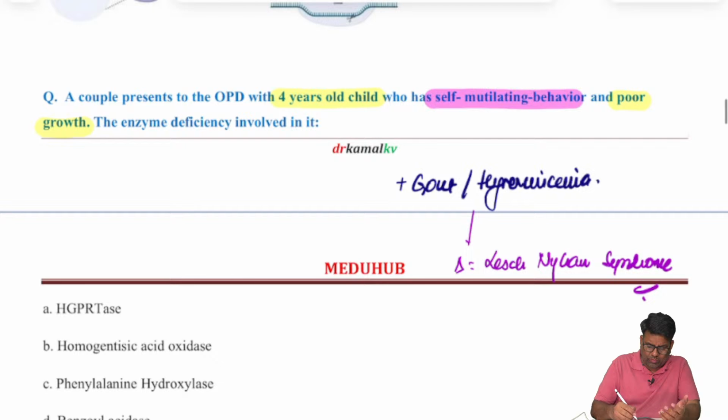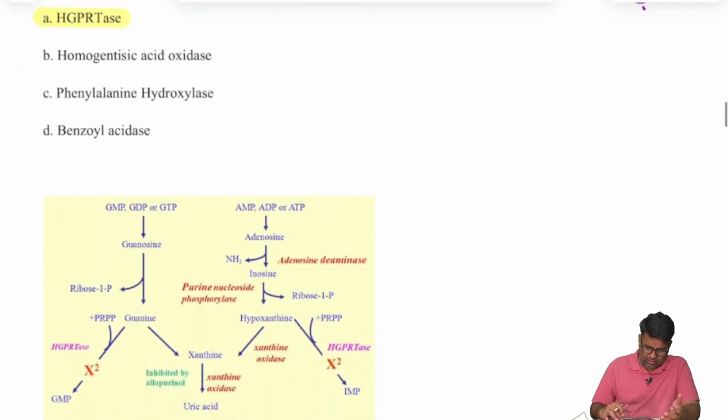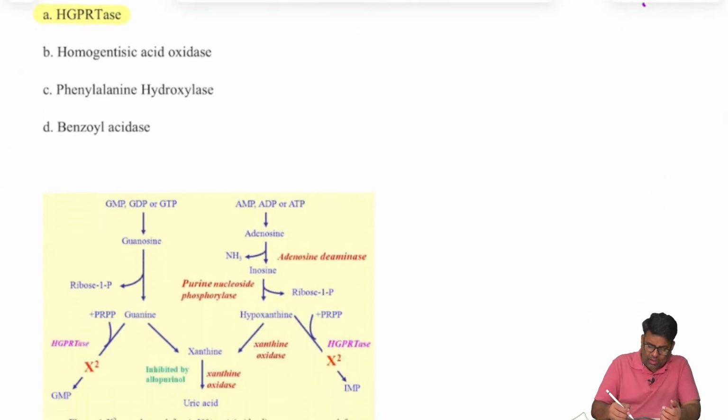I think most of you must have marked it right, that the deficiency is of HGPRTase, right? So this is HGPRTase deficiency, and here there are two ways where this deficiency affects.